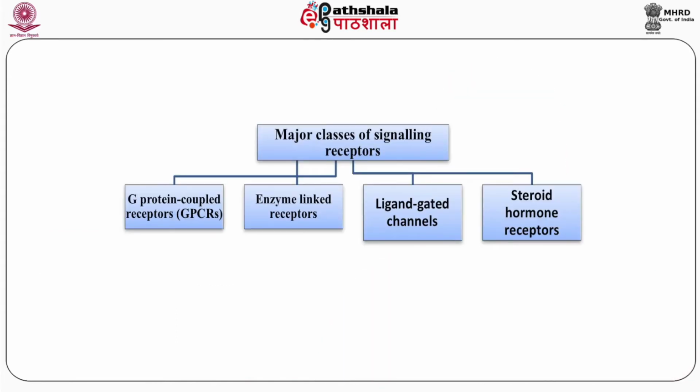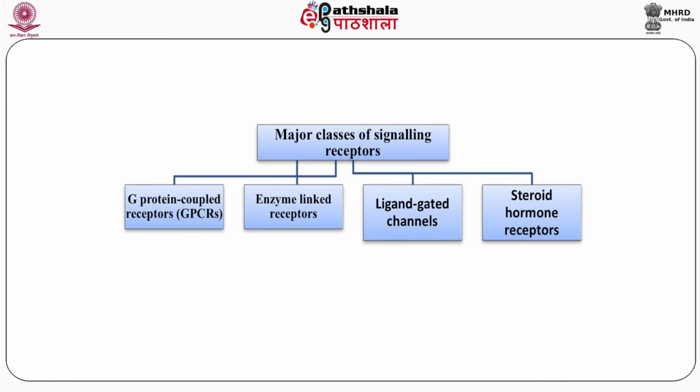Along with ligand receptors, another moiety is there, which we call a second messenger. Signaling molecules, ligands like hormones or neurotransmitters, reach the cell and bind to their specific receptor, and then second messengers are the molecules present in the cell cytoplasm that act to trigger a response.